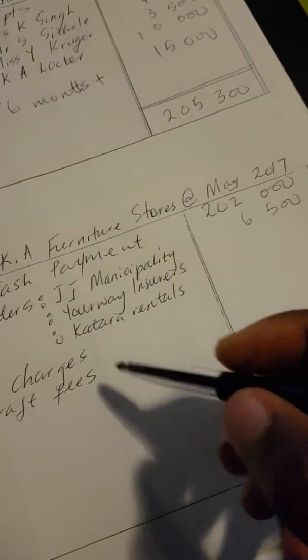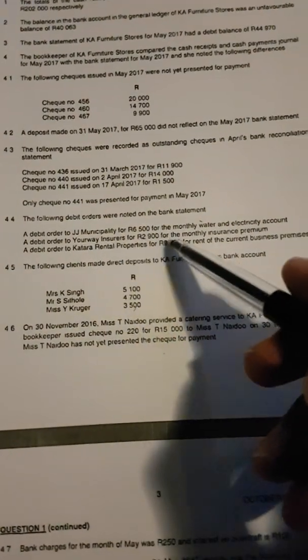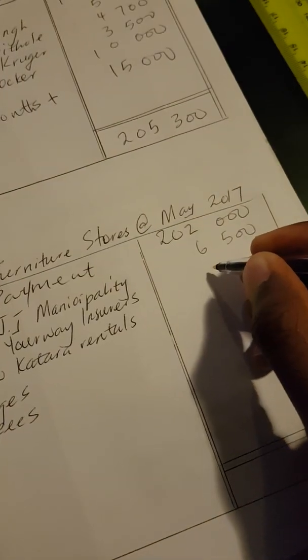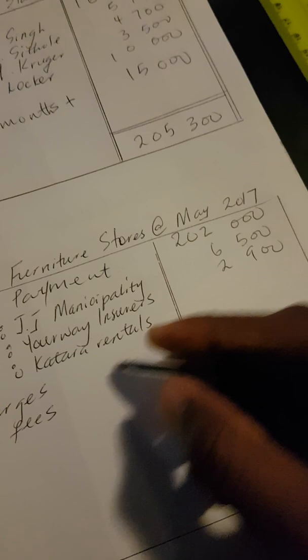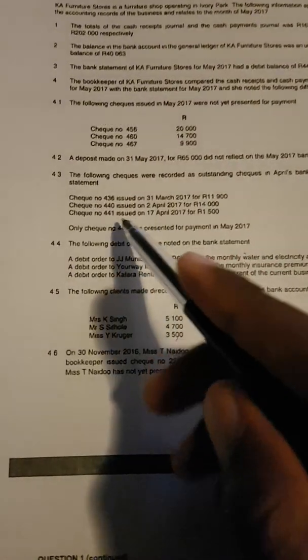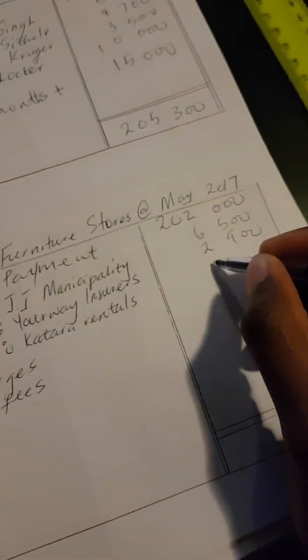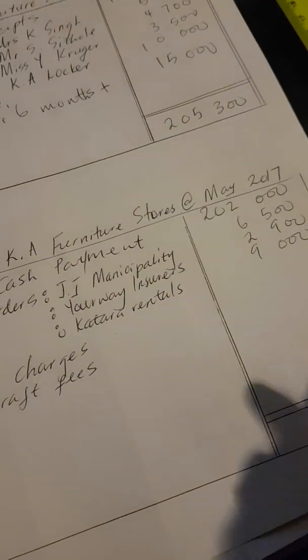I also see another debit order of Your Way Insurers, 2,900. We have the Katara Rentals debit order, which is 9,000. We add 9,000. Okay, so this is how we do them.